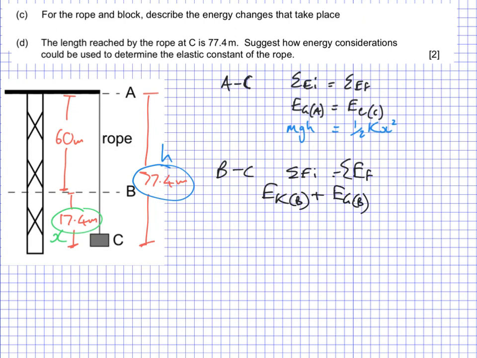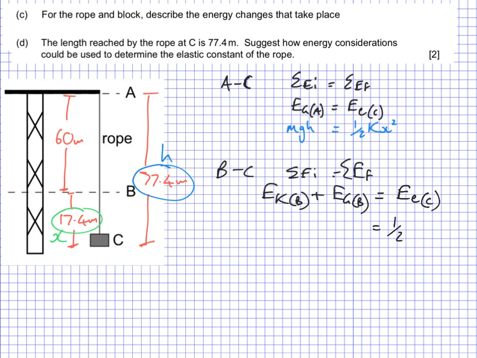Because at position B, it's still not fully dropped the entire length. We still have this amount to go. So there is still some gravitational energy there. And then obviously at position C, we're back to our 100% elastic energy at position C.